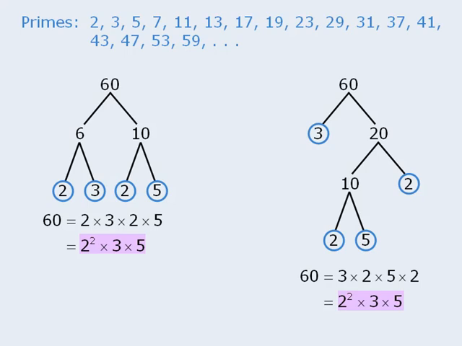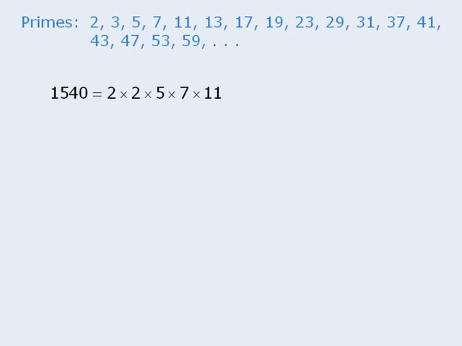At this point, you might be wondering how prime factorization is supposed to help us tackle integer property questions. Well, the prime factorization of a number tells us a lot about that number's divisors. Here's what I mean. Let's say that we know the prime factorization of 1540.